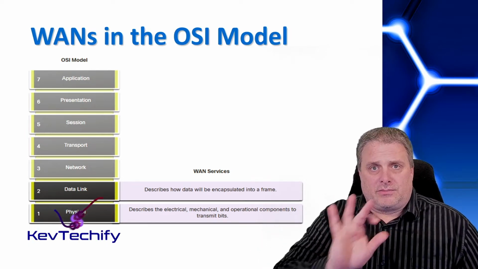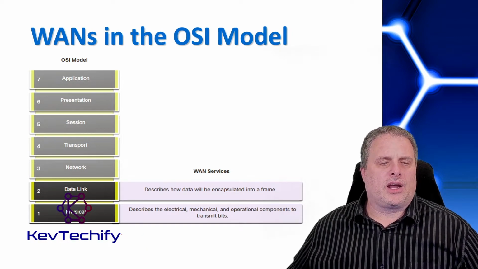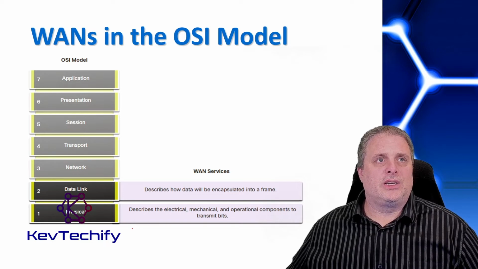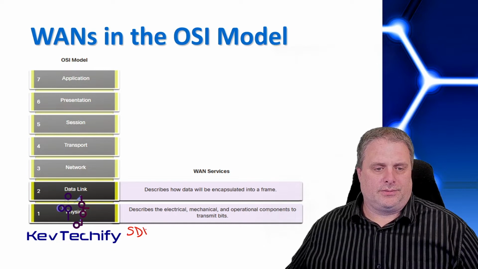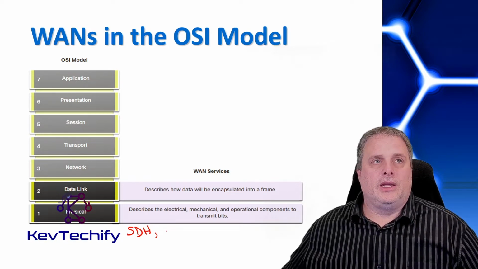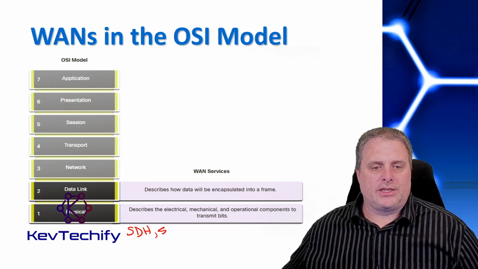There are three technologies that are typically used for WAN connections at layer 1, the physical layer. First one is the synchronous digital hierarchy, the SDH. Second one is SONET, which is the synchronous optical networking, and that has to do with fiber.